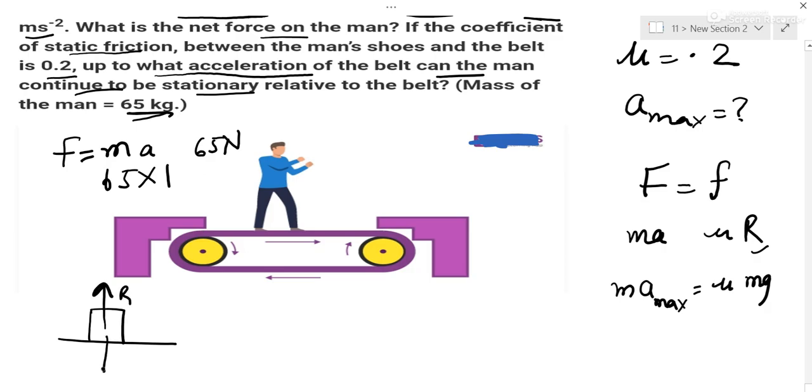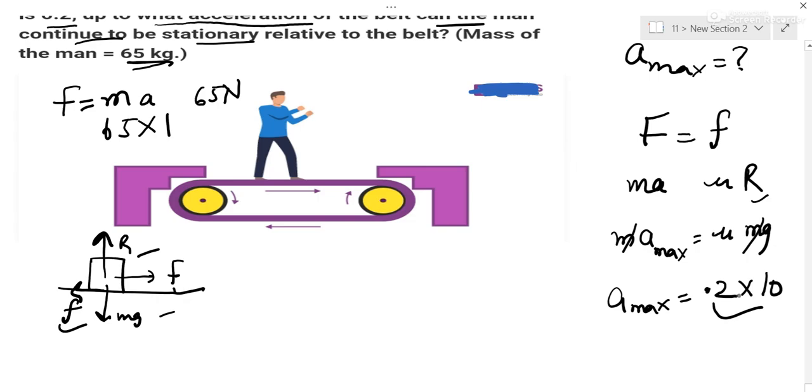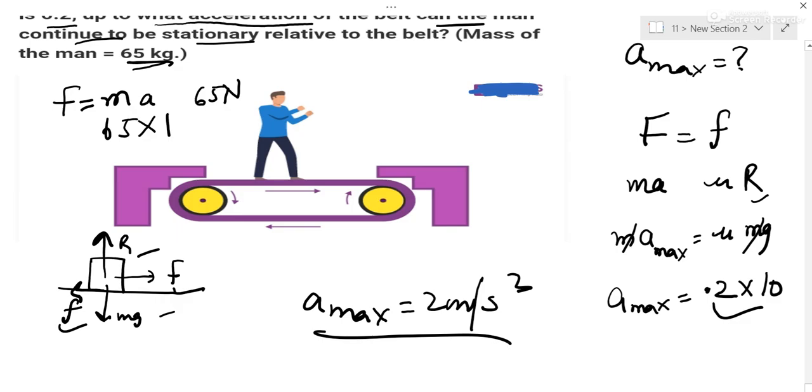This is R, this is mg, this is applied, this is frictional. So F is equal to F, R is equal to mg, m cancelled. So maximum acceleration can be calculated by mu, which is given as 0.2, and g you can take 10 if they allow, or 9.8. So maximum acceleration is coming as 2 meter per second square. Up to this acceleration it will remain stationary.